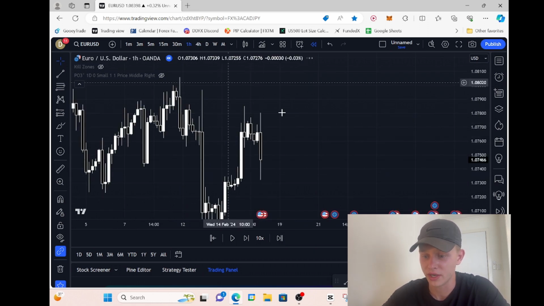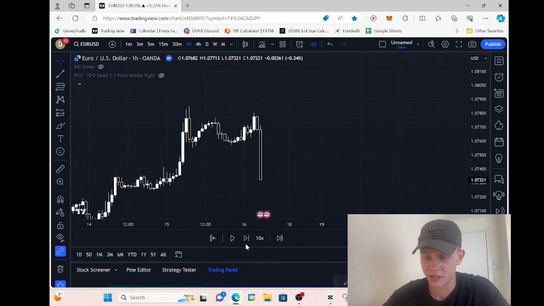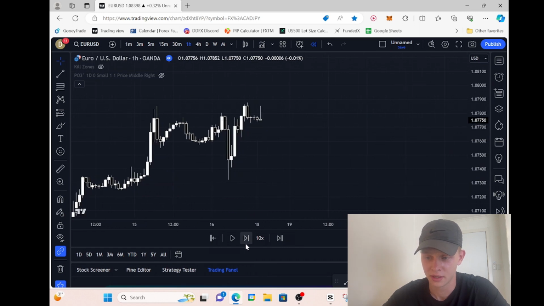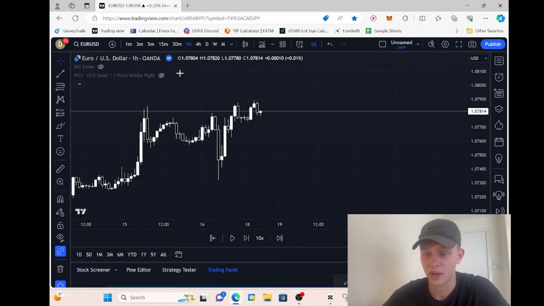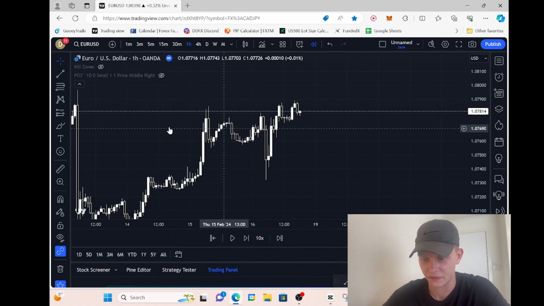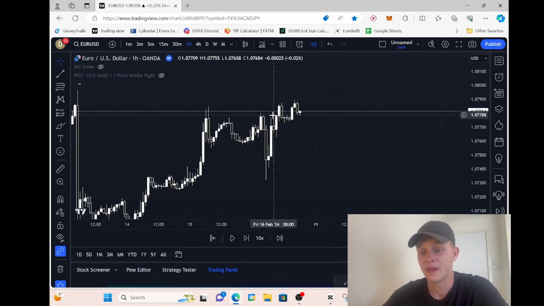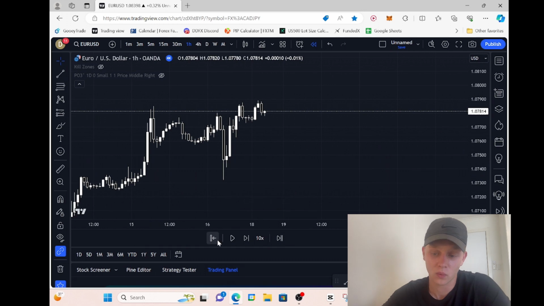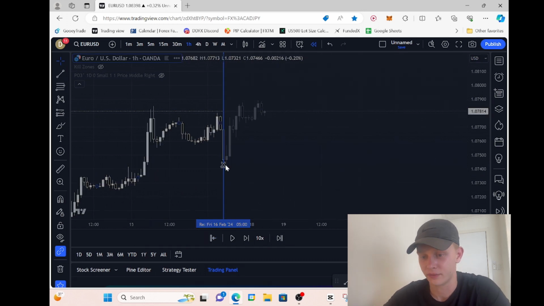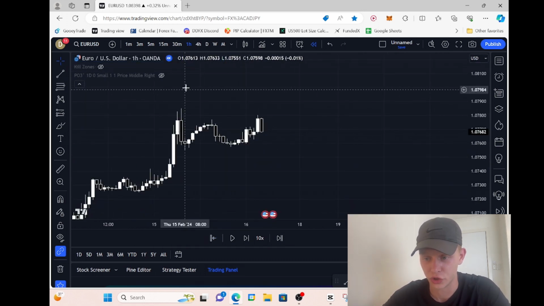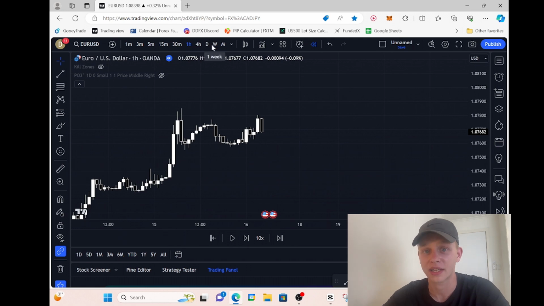Now I go to the 1 hour, and you can see a nice sell-off there. So we know we were pretty bearish there, and then there's reasoning why we came back up. But that's why I don't do the higher time frame analysis when I backtest on TradingView, at least for this kind of backtesting. I do have other methods of backtesting, and I will go over those in a future video.